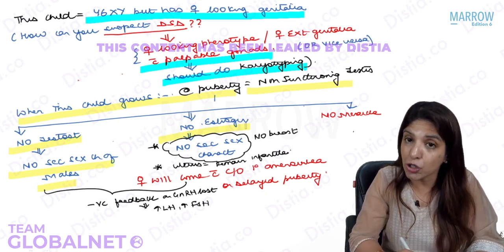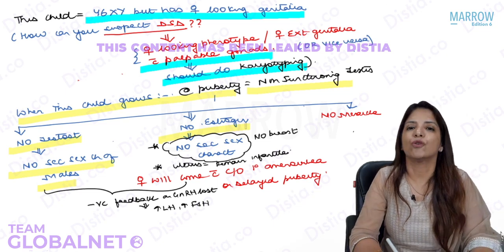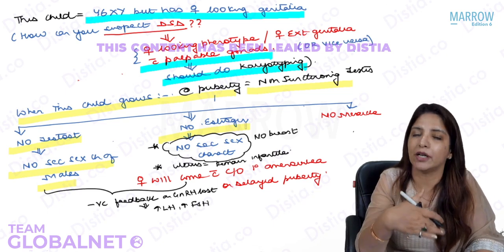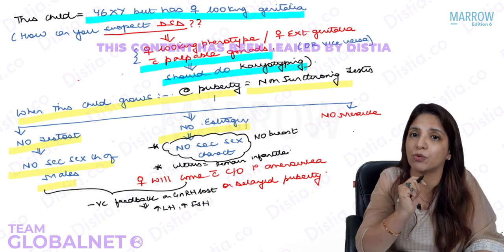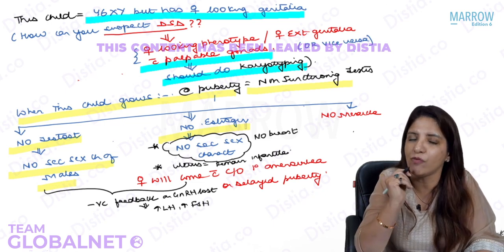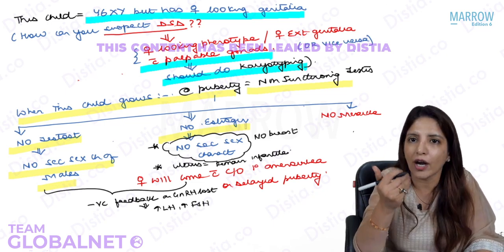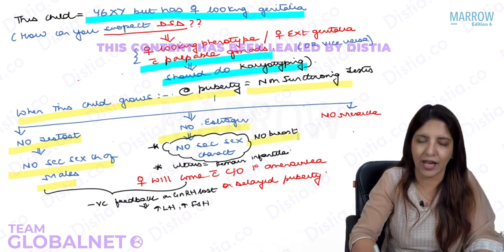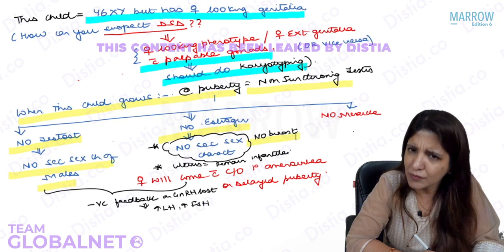That means this individual who was taken as a female child was expected that at the time of puberty, this child is going to have breast development, right? But because this child is XY with non-functioning testes, they do not have any testosterone, they do not have any estrogen, so they won't have any breast development, right?